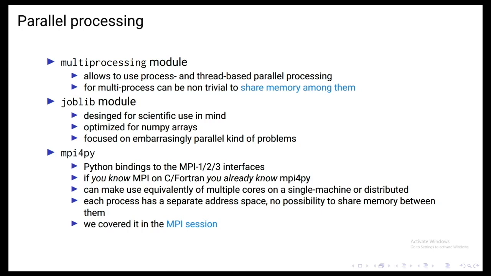If you are already familiar with MPI in C, Fortran, or C++, you can say that you already know MPI for Py, because the main thing of MPI is just getting into the logic of this parallel coding via communicating things among different processes all the time. And so MPI for Py provides bindings to the different revisions of the MPI interface.